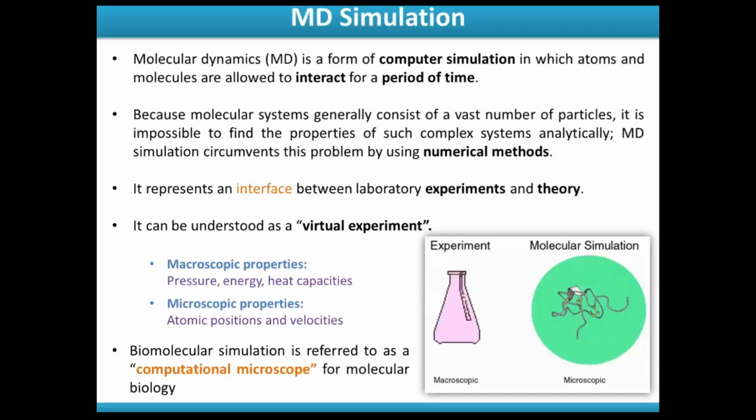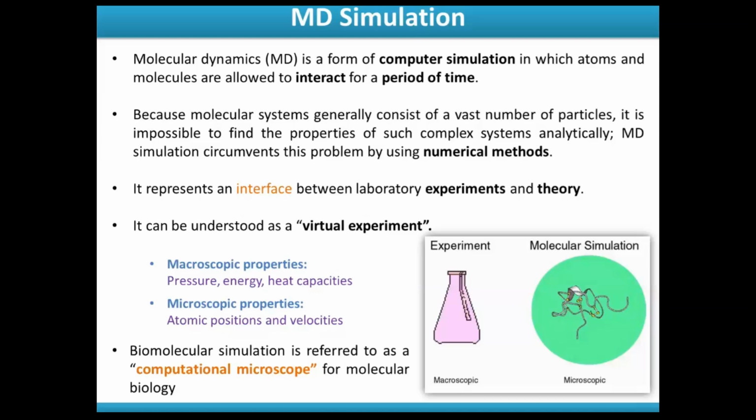So basically, MD simulation is a computer simulation. Simulation means trying to mimic some process. So it allows a certain amount of molecules or atoms in a system to interact for a particular period of time. So we can basically set the time for which we want to simulate our system. It provides an interface between laboratory experiments and theory, right?